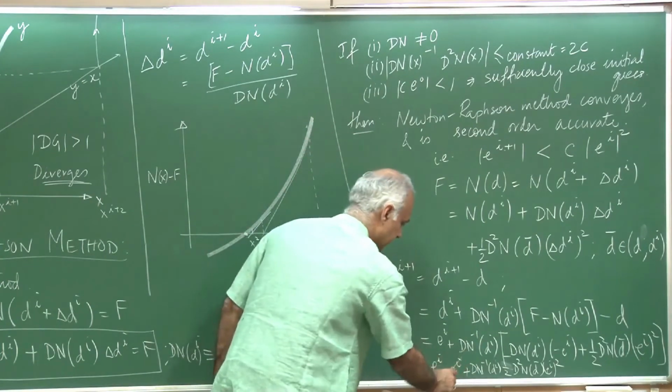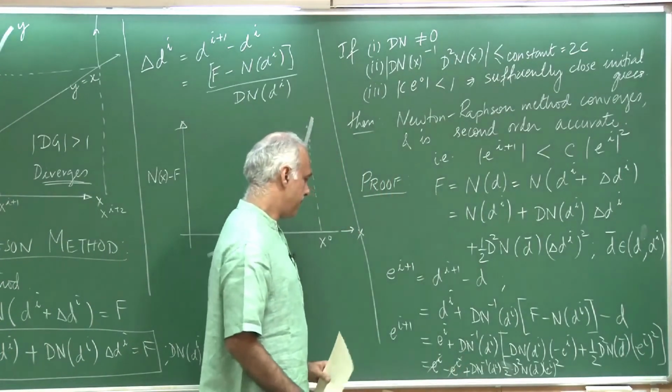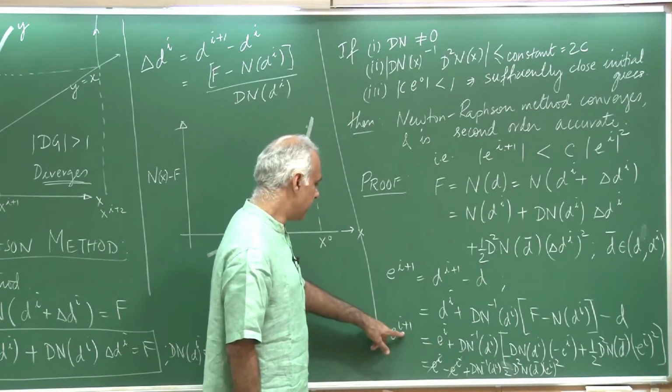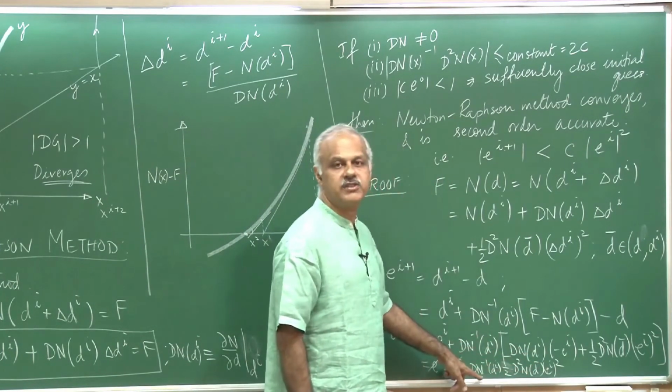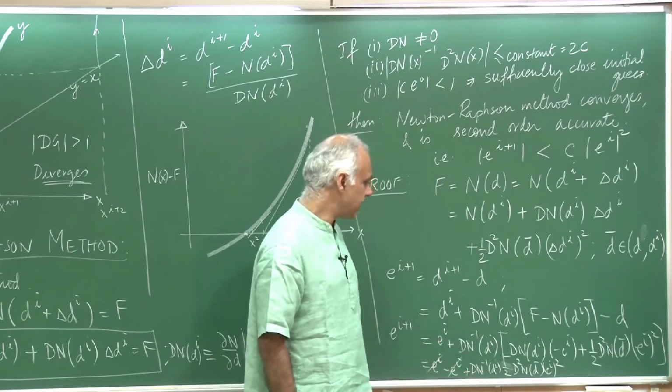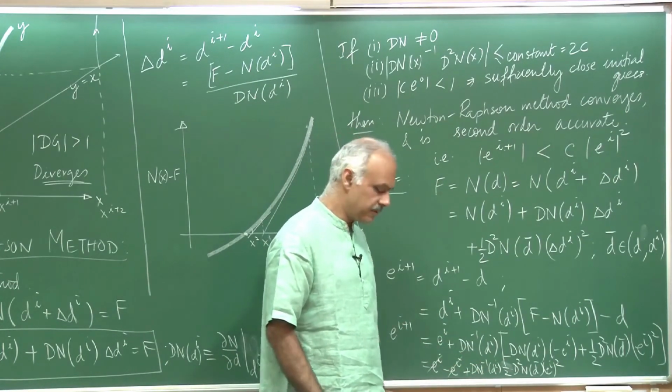So these cancel out, and I am able to see that e_i plus 1 is related to e_i squared and a coefficient. Let us write this down and see it a little bit more carefully.